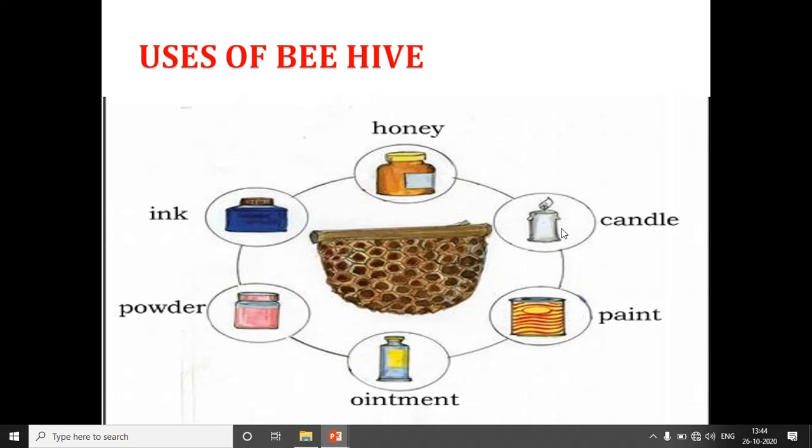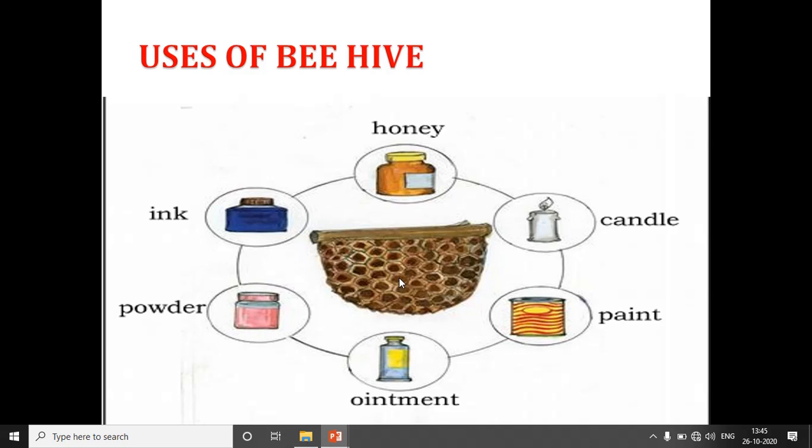And you know candle, yes. Candle is obtained from the beehive. How is the candle made? Using wax. We know honeybees produce a sticky material called wax to build the beehive, isn't it? That wax is used by human beings for making candles. Then paint, from the beehive we can get paint.